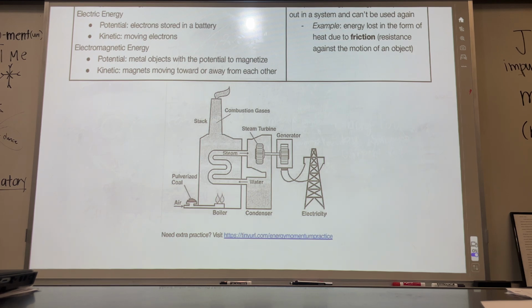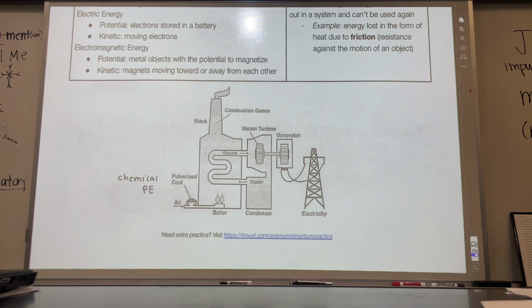So let's just start from the bottom, just sequentially. So we have air moving toward the pulverized coal. The reason the coal can actually heat up the boiler is because it has energy stored in its bonds. So that is going to be chemical potential energy. I'm just going to write P for potential energy.